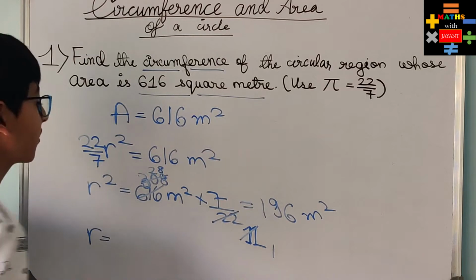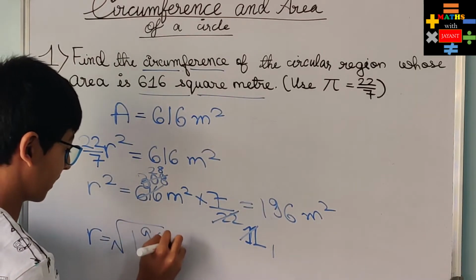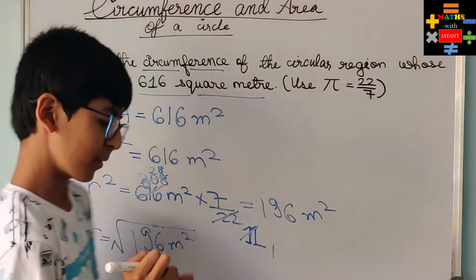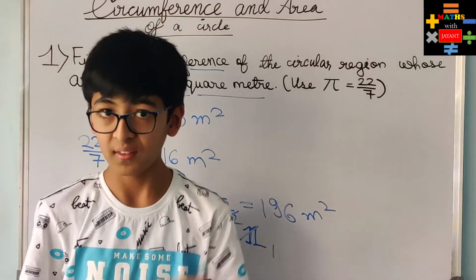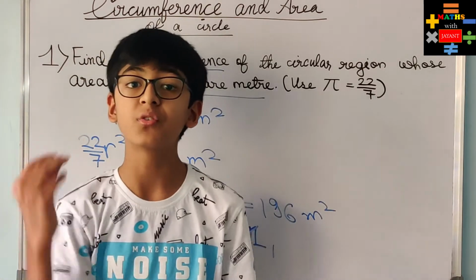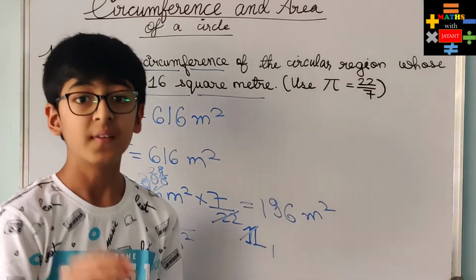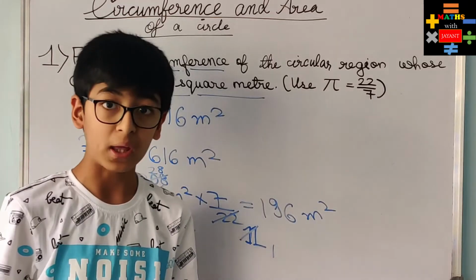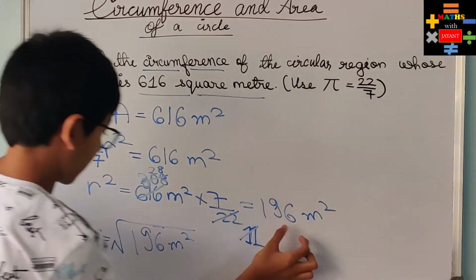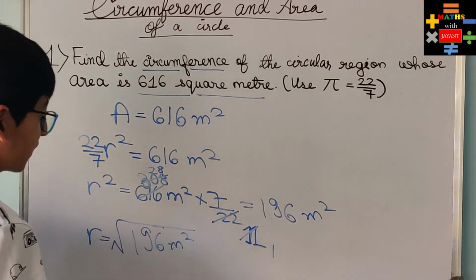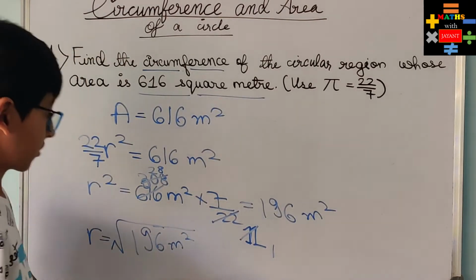So our radius is equal to the square root of 196 meters squared. Why square root? What do you mean by square root? Let's understand what root is. Square root means I need to figure out a number that I can multiply by that same number 2 times to get 196.